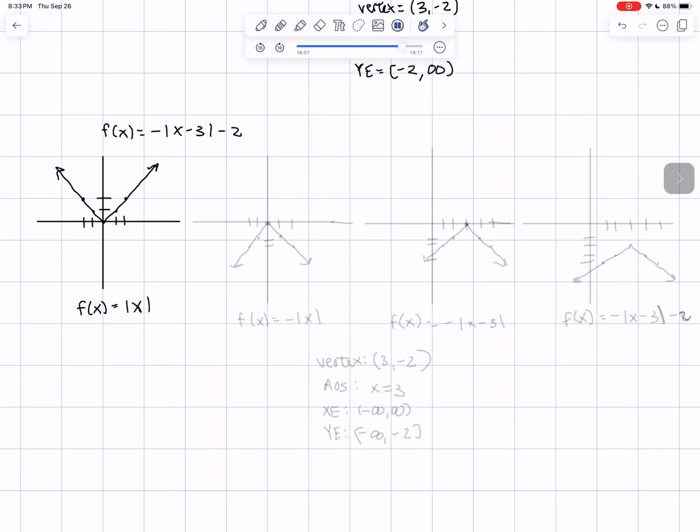Okay, so I'm going to copy this guy again. It's our first function. Step. And then we'll draw the next step. So now I'm just going to do the negative version of that.